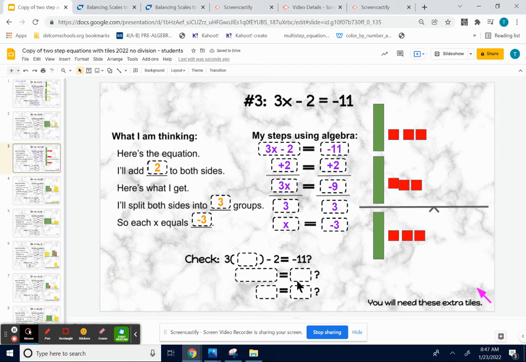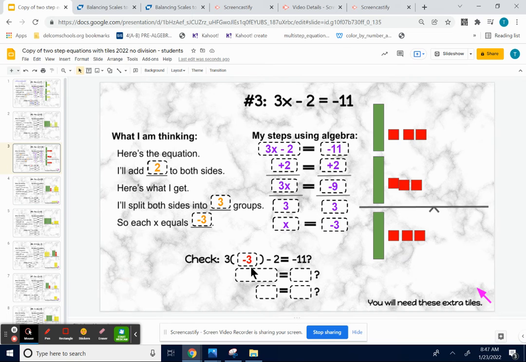And again, you don't have to necessarily show all of these steps if they confuse you, but I'm taking the original equation. I'm replacing x with my answer that I got, which is negative 3. So I need to make sure that 3 times negative 3, take away 2, really does equal negative 11.